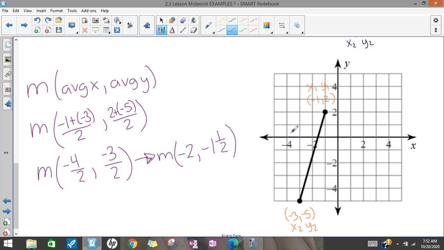Same thing. So this says my midpoint is at (-2, -1.5), that's right there, right in the middle. And a reminder that that means that the distance from this point to the midpoint is the same as the distance from the other point to the midpoint.